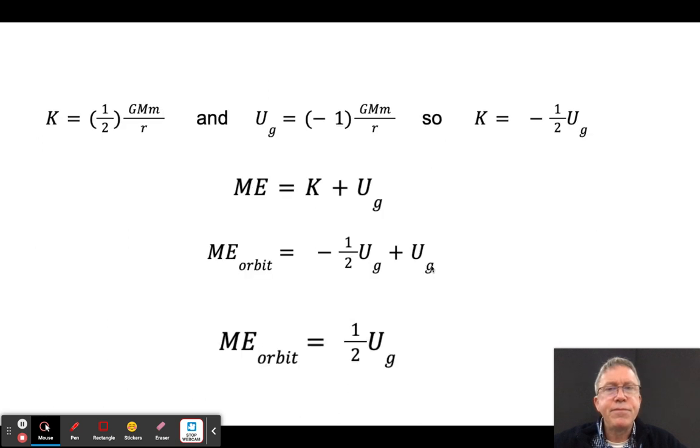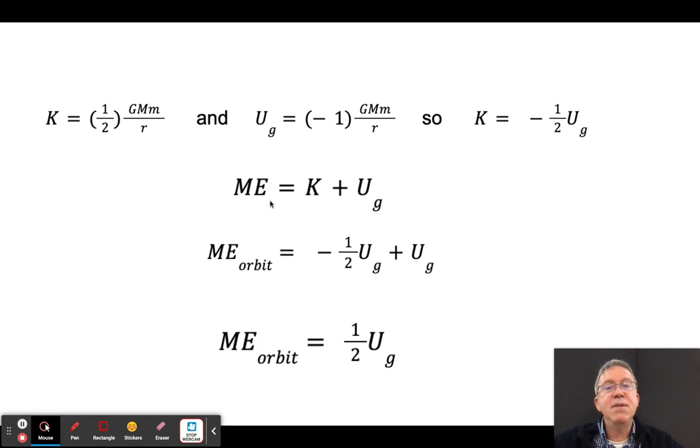Now, in circular orbit, this part gets a little strange. This is its kinetic energy. This is its gravitational energy. Remember, it's negative GMm over r. So in that sense, kinetic energy is negative 1/2 of the UG.